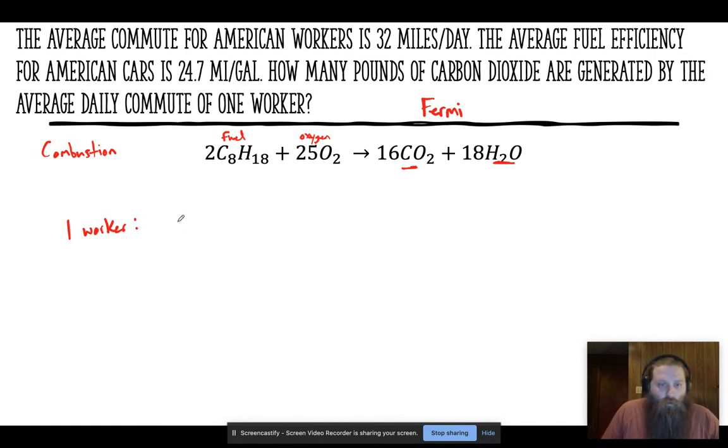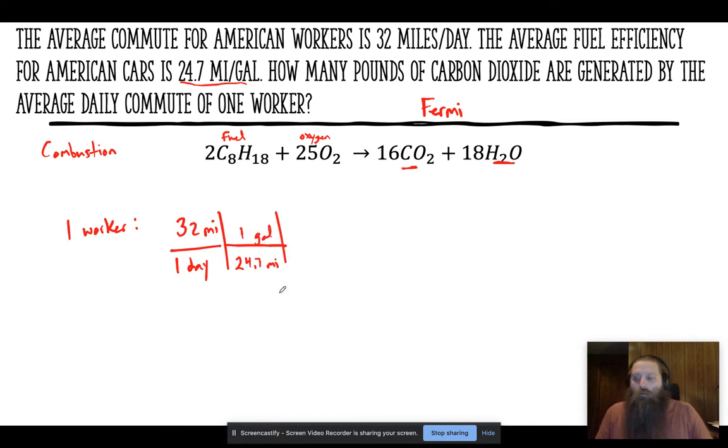So he goes 32 miles per one day. So there's my given. There's my per unit. Let's get rid of miles, all right? So I look up here in the problem and I see that I have 24.7 miles per gallon. That's useful. So 24.7 miles per 1 gallon.